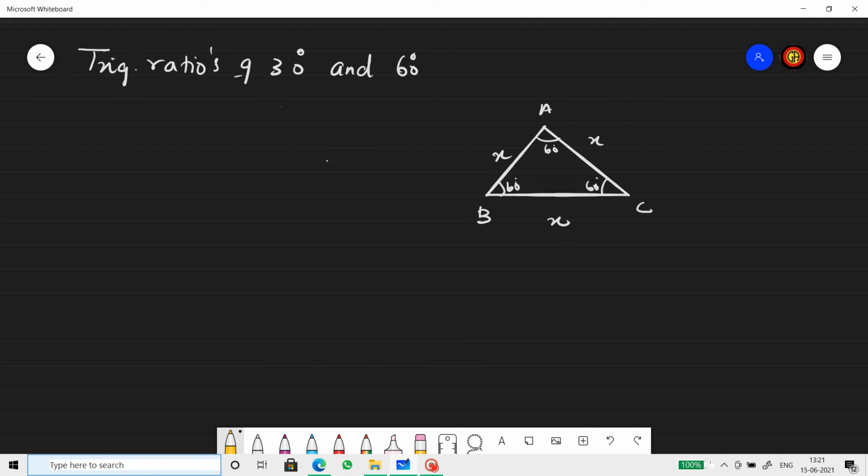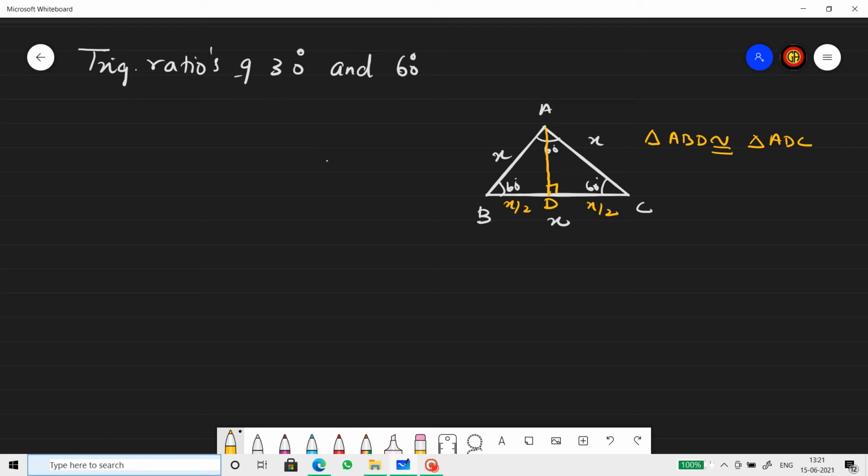Now I am going to drop a perpendicular, and I am going to name this point as D. We know in an equilateral triangle the perpendicular will divide the base because triangle ABD is congruent to triangle ADC. You have learned in your earlier classes. So triangles are congruent, therefore the base is divided here. So BD is x by 2 and DC is also x by 2.